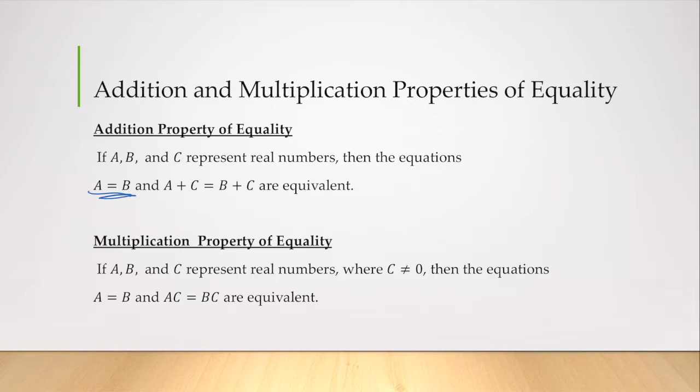So if I add the same thing to both sides, my scale is going to stay level. We also have the multiplication property of equality. If I have a equals b, and I multiply both sides by a constant c, then ac and bc are equivalent. So these are our addition and multiplication properties of equality.